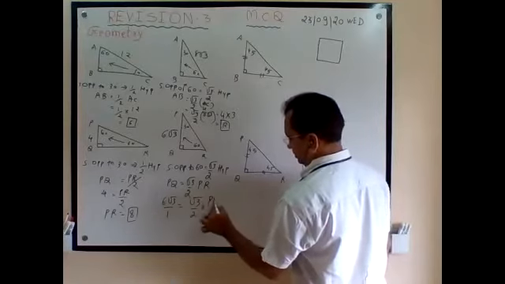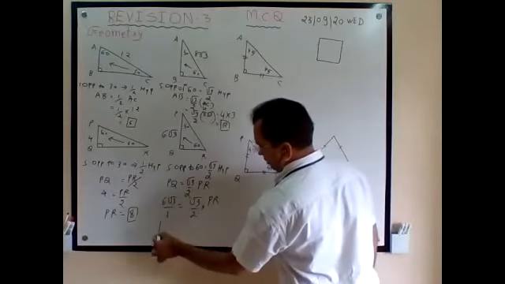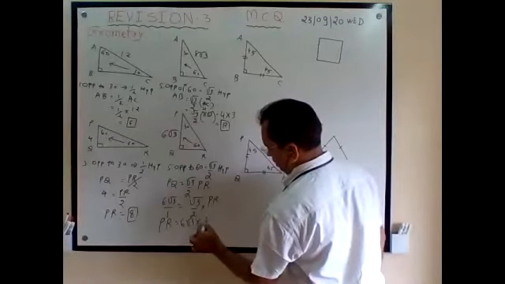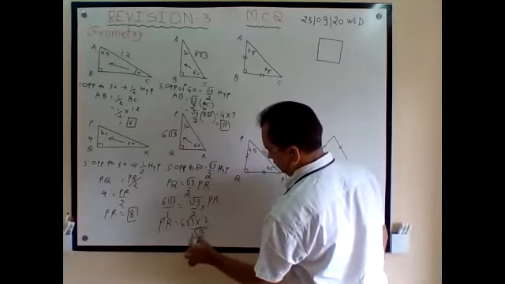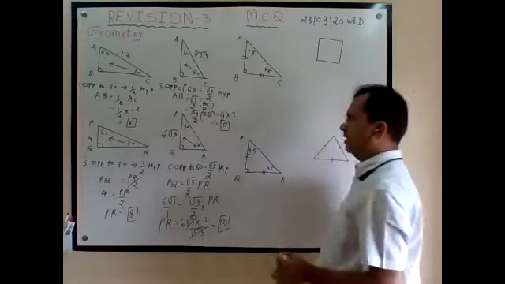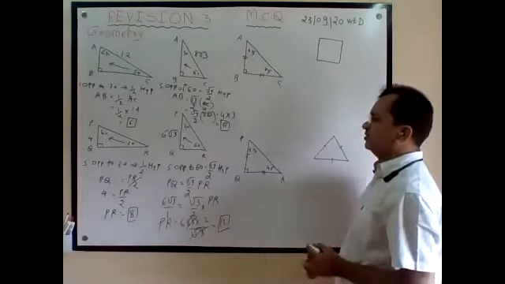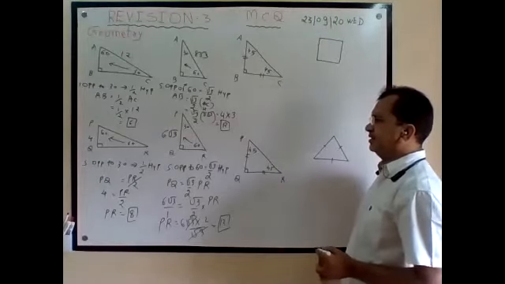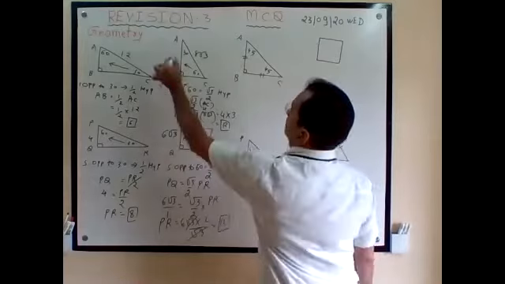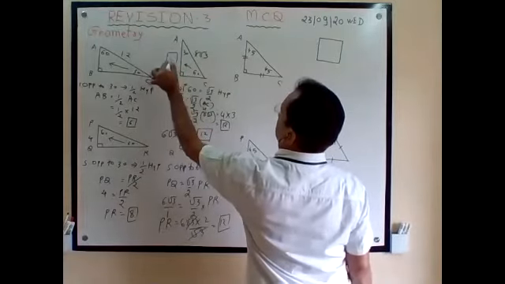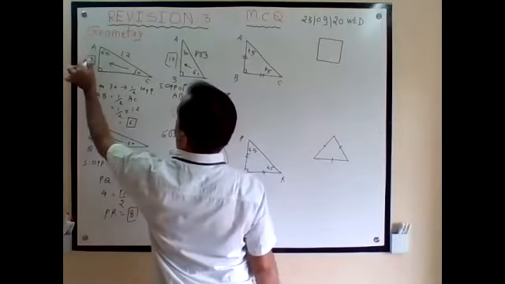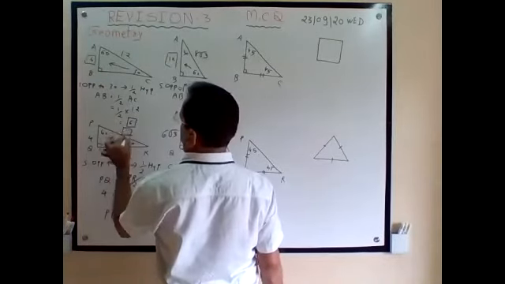So PR, invert: 6 root 3 into 2 by root 3. Root 3 cancel. 12. So this you got 12. This you got 12. And here you got 6. Here you got double.